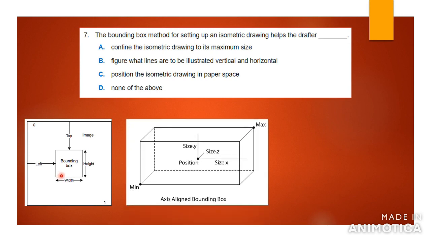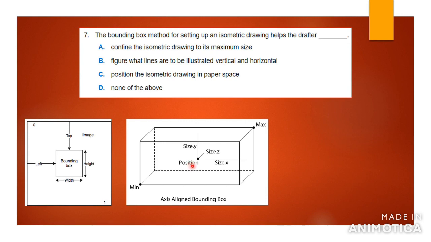In 3 dimensions, you will have the axes Y, Z, and X. So you would know the sizes of all 3 dimensions, Y, Z, and X, and that would give you your bounding box. So the bounding box is how far out the object goes in your drawing.